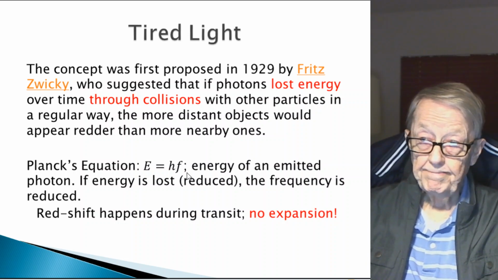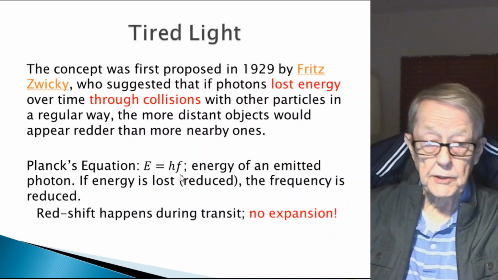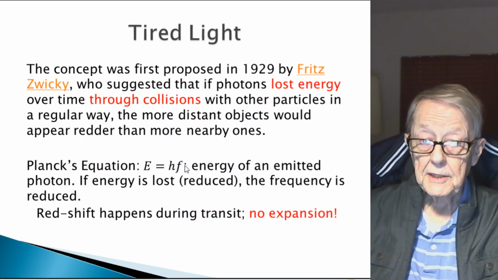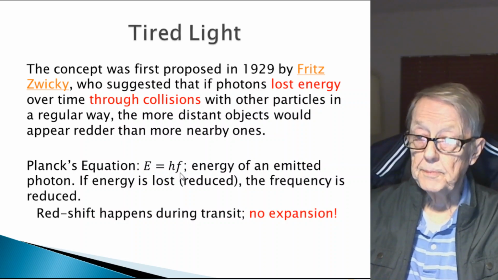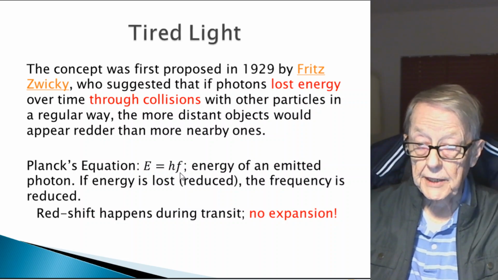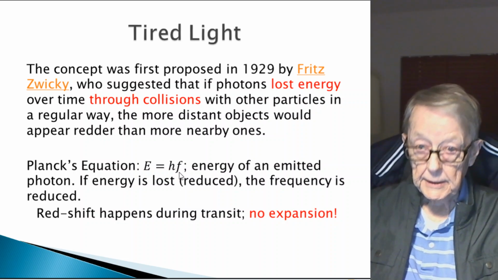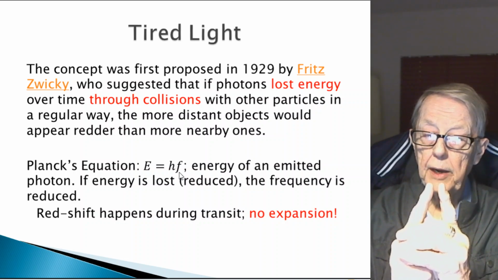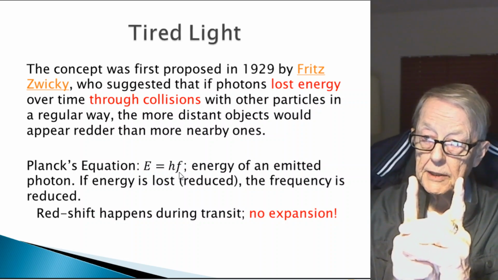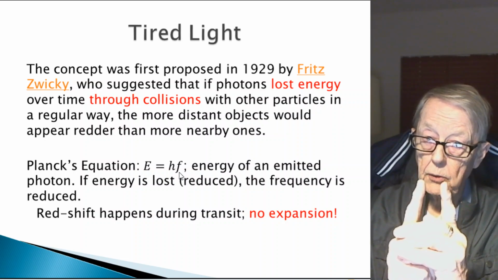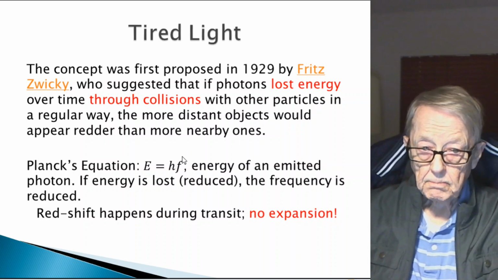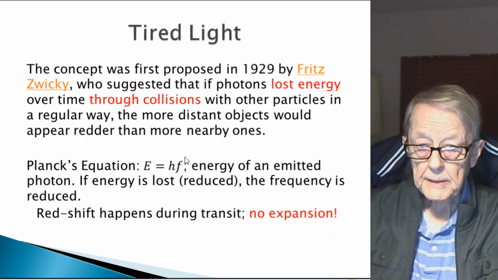So if you really like equations, you could say, well, when the energy is reduced, and Planck's constant is a constant, then the frequency is reduced. High frequencies have a small wavelength, low frequencies have a large one. So if you reduce the frequency, the wavelength gets bigger, you have redshift.